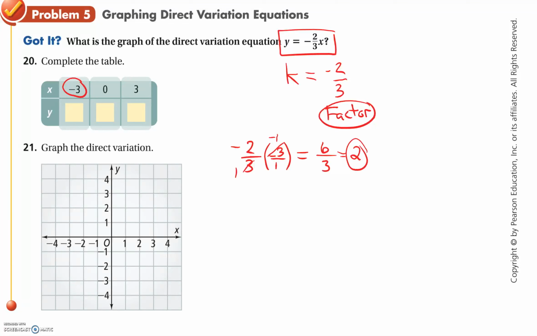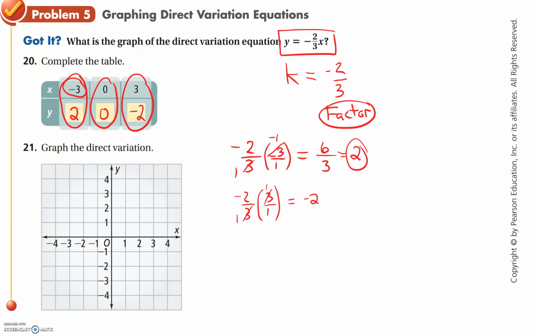So you want to use some of your rules. The next one's easy. You plug that in. Anything times 0 is 0. And then we have negative 2/3 times 3, which is the same as 3 over 1. And we could say, all right, 3 divided by 3, before we do any multiplication, we know that's 1 over 1. And we're going to get negative 2 times a positive 1, negative 2. So that gives us our coordinates. So here, we just have a list of coordinate pairs, and we can graph those.